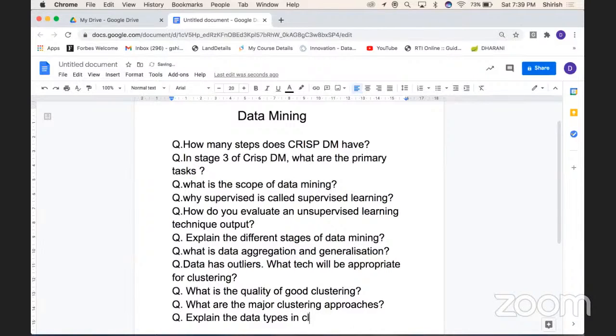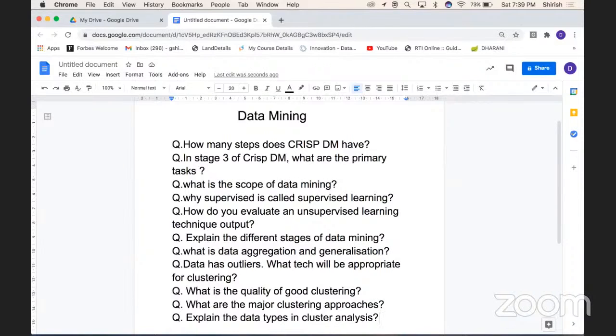Explain the data types in cluster analysis.